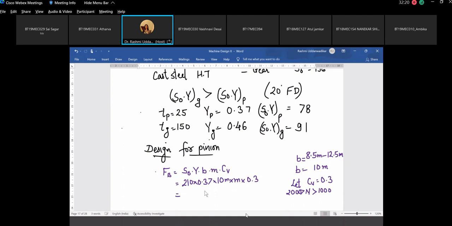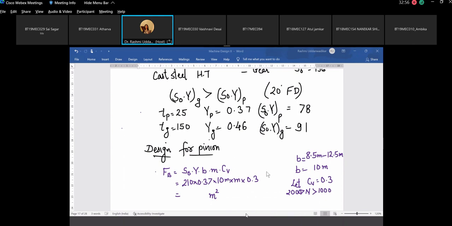Give me this value in terms of m square, something into m square. Yeah, what is the value of m square? 233.1.